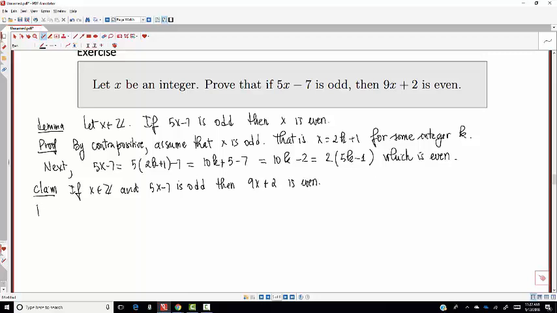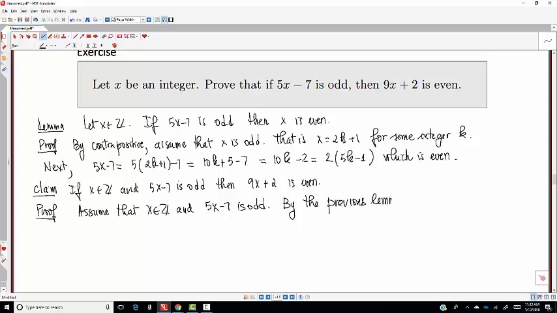And I will now do this directly. So I will assume that x is an integer and 5x minus 7 is odd. By the previous lemma, then x is even.